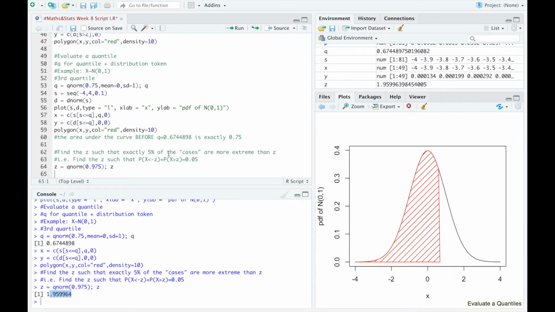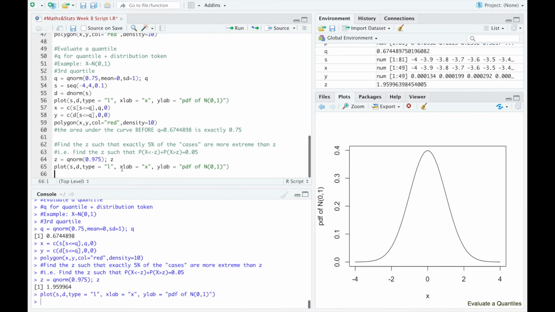And so this is the answer, around 1.96. Why is this? Again, let's do this visually. We will plot the normal distribution. I'll just do this to let you visualize what's happening. Bear with me for a second. I want to plot the distribution before minus z.